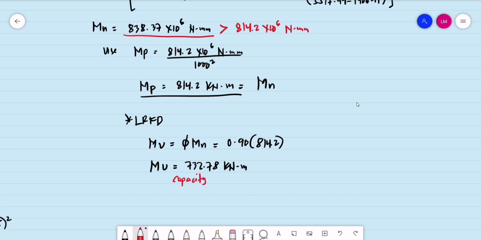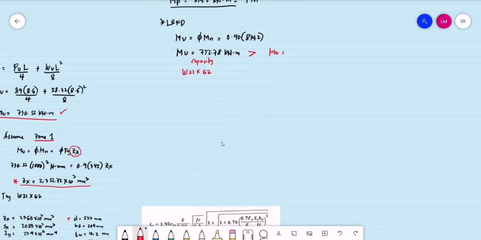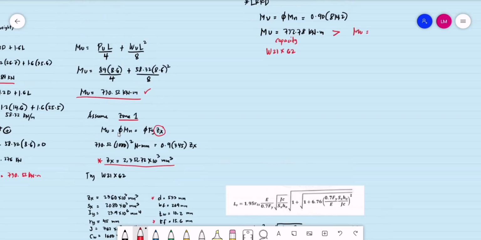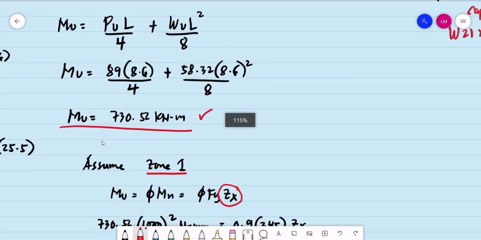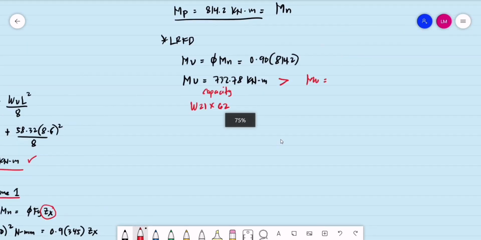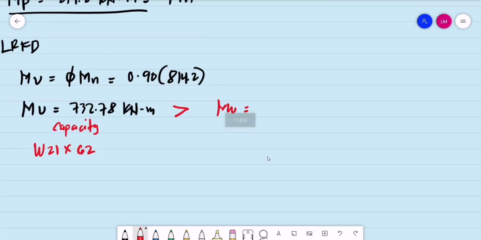So ultimate moment capacity of our trial section, the W21 by 62. If we are to compare this to the actual Mu, our actual loading, so what is the ultimate moment capacity based on our loading? Okay, that is slightly lower, 730.52. So our M sub u is 730.52 kilonewton meter.